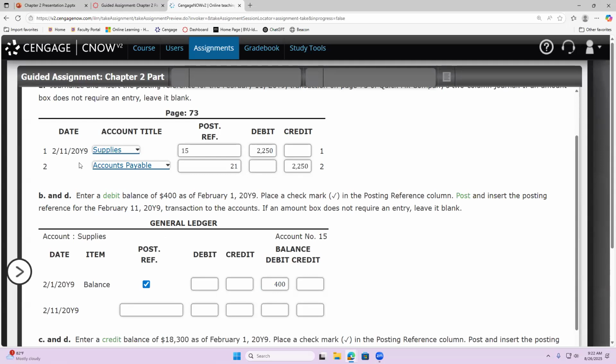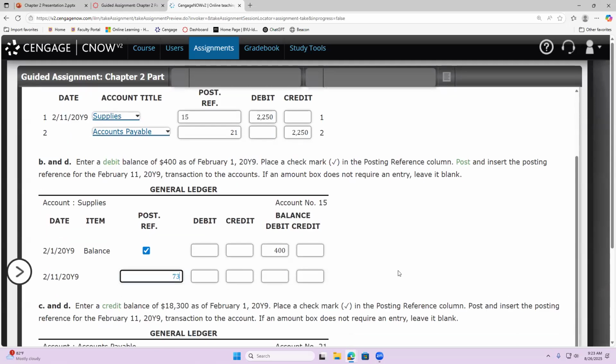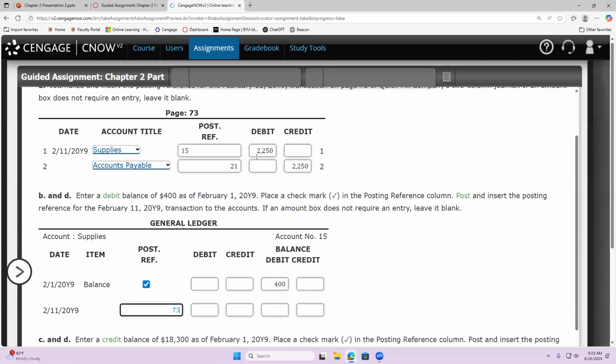And now we're going to post this journal entry where we debited $2,250. So my post reference, I'm going to put the page number in the journal it came from, 73. And then I'm going to show that it was a debit of 2,250.